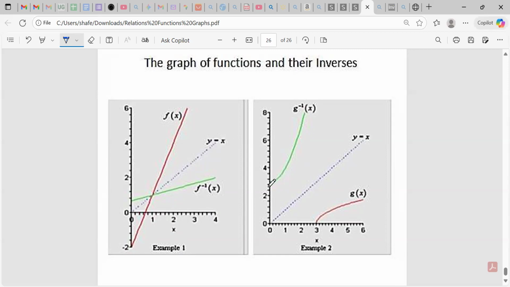It's just a miracle of mathematics, right? G(x) and its inverse, they're both a reflection of themselves in the line y equal x, right? That's what you're seeing here. Any function. If you find the function and you find its inverse, the two of them will be a reflection of one another in the line y equal x.